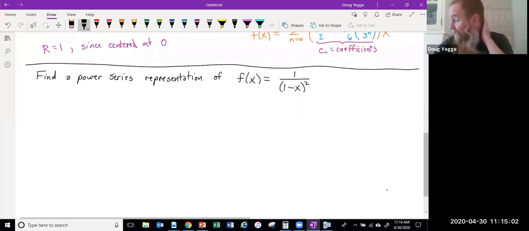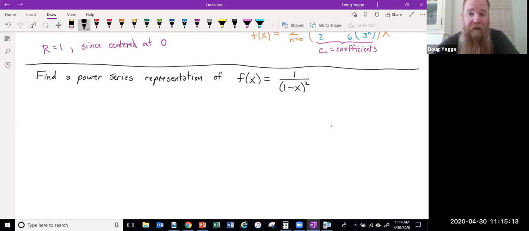All right, well, look at how this is a little different than the last one, because this one is already 1 minus x quantity squared. And so there's no way for me to do a partial fraction decomposition. Now I could say a over 1 minus x plus b over 1 minus x squared, but a would be 0 and b would be 1. So I can't really decompose this.